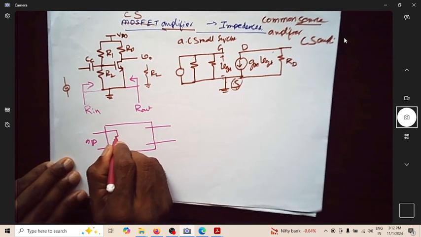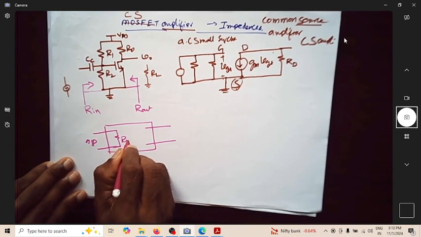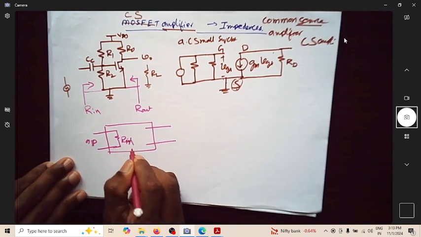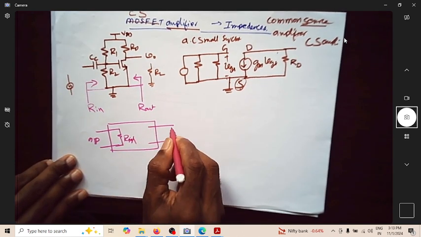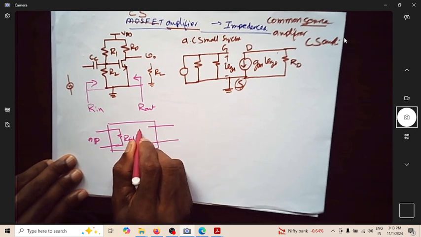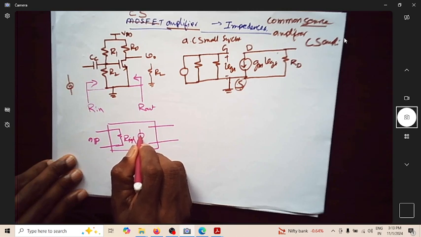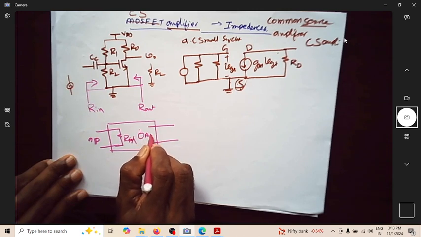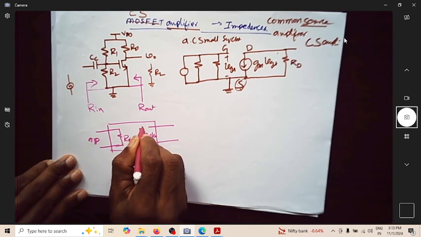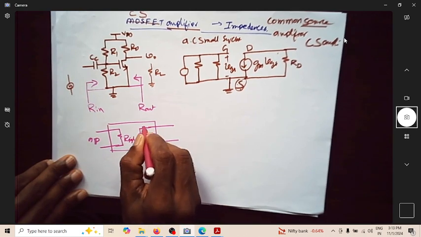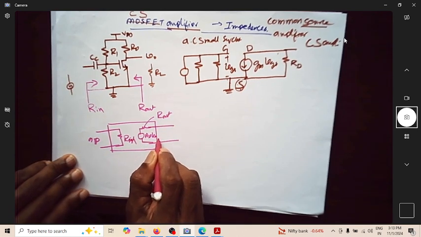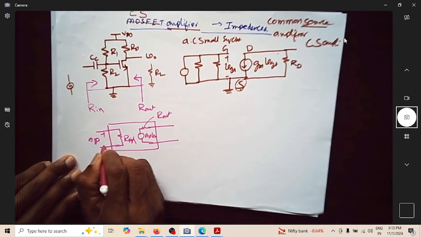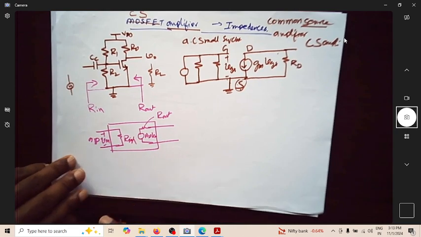It has some resistance, which I call R in, the input impedance, and I have an output voltage. There is a certain amount of gain, so you have AV times the input voltage, and you have an associated resistance here. This is R out. This is AV times V in, where this is my V in.